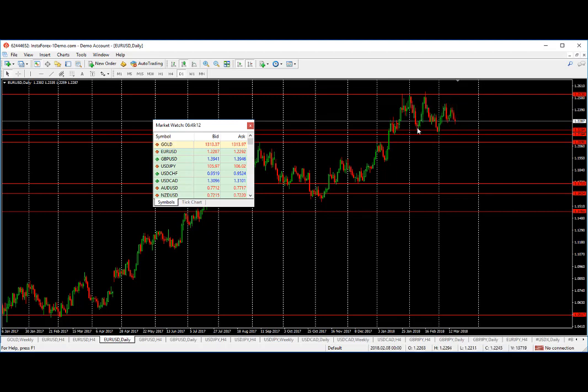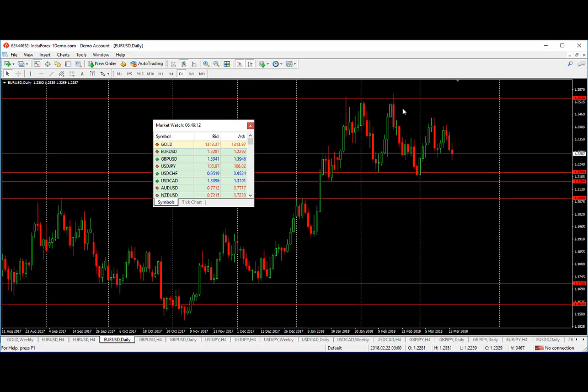It pulled back to test the support of 1.2204. Then we saw another round of rally again to the same 1.2530, but the momentum could not break above that 1.2530, thereby forming a triple top, 1, 2, and 3.